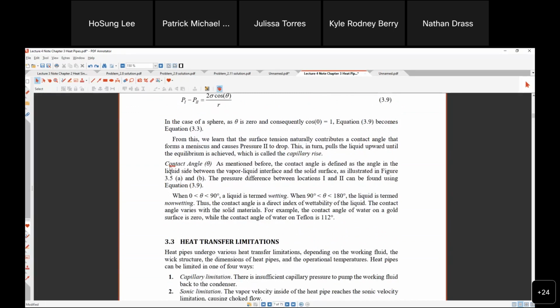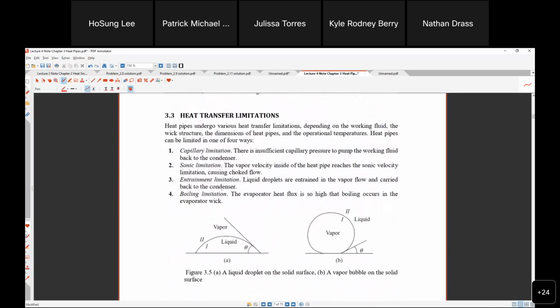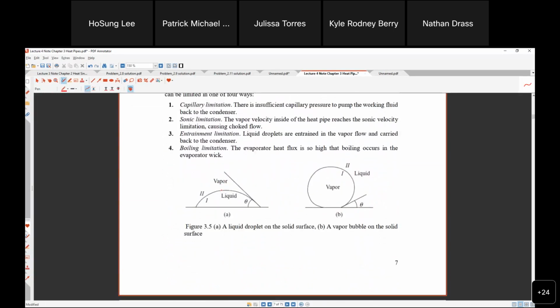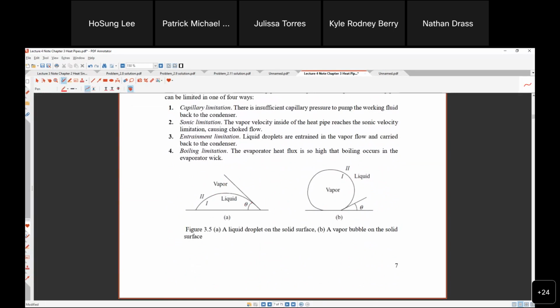Yeah, contact angle. That's what I'm talking about, the contact angle setup. This contact angle depends on the properties of the liquid and the surface. If the contact angle is less than 90 degrees, it is wetting: the liquid wets the surface.